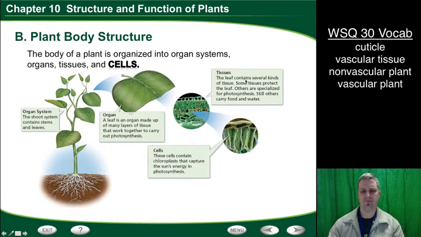Then you have cells. At the cellular level, each of these tissues is made up of specific cells. Maybe it's chloroplasts inside cells designed to take in the sun's energy, or maybe it's the cells that make up the outer dermal level that excrete the waxy coating, the cuticle, that protects the leaf.